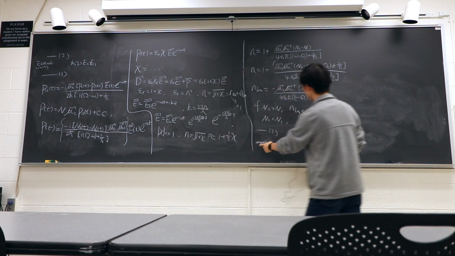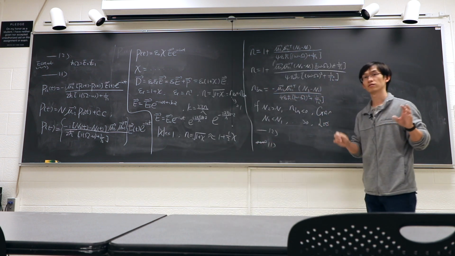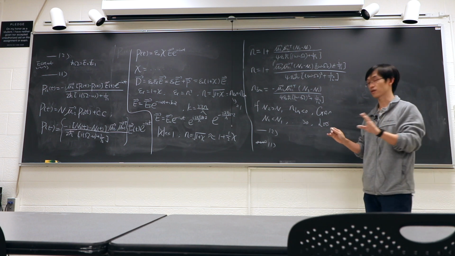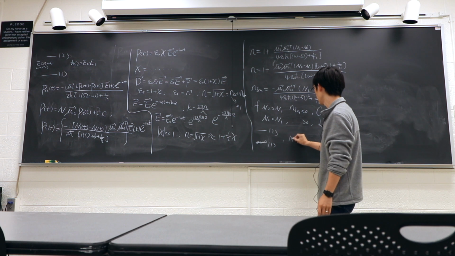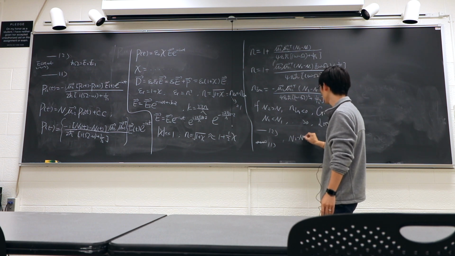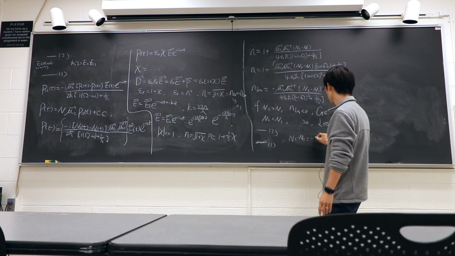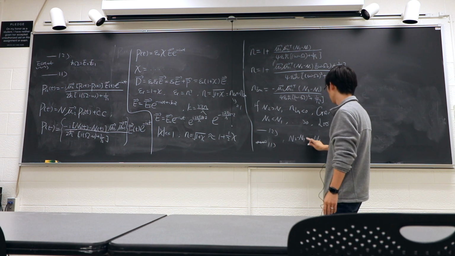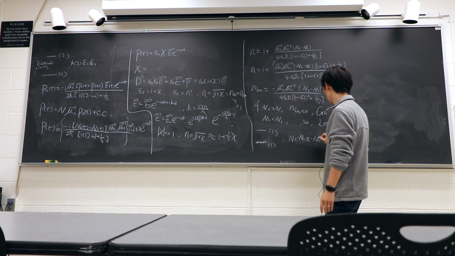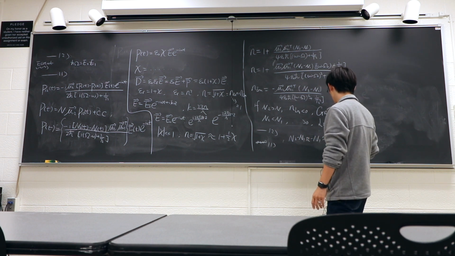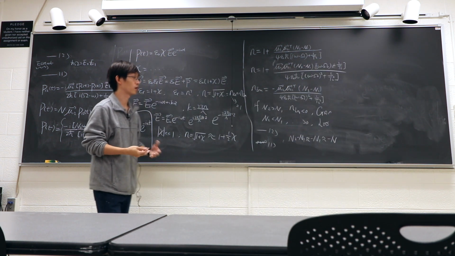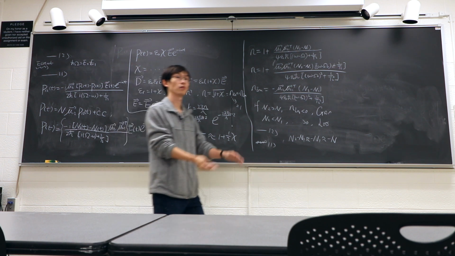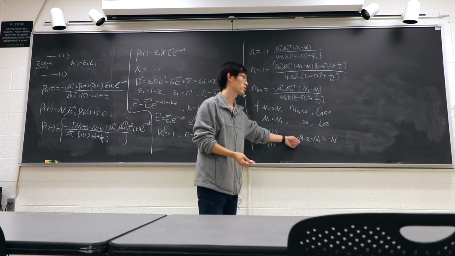So for most materials, if you don't pump it or do anything about it, you will have n2 minus n1 negative. This is most dielectric material when you don't pump it, when you don't do anything about it.